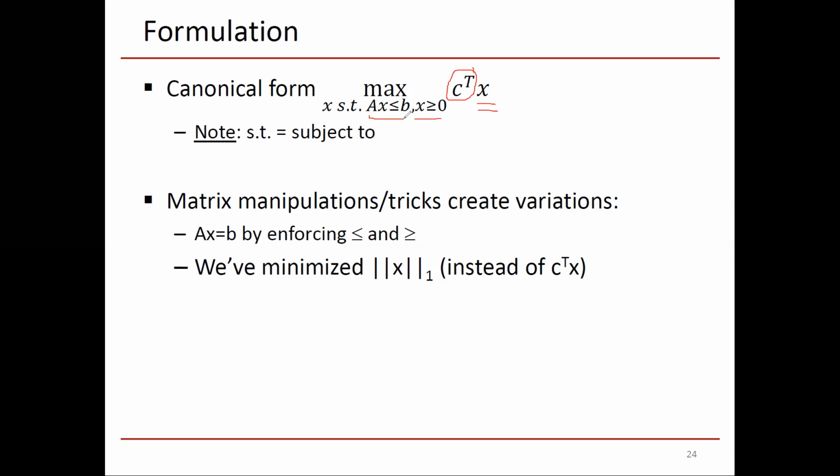Now, how can we interpret these? The combination of X being greater than or equal to 0 means that if we plot the X's, so this would be x1, and this axis would be x2, and this axis would be x3.